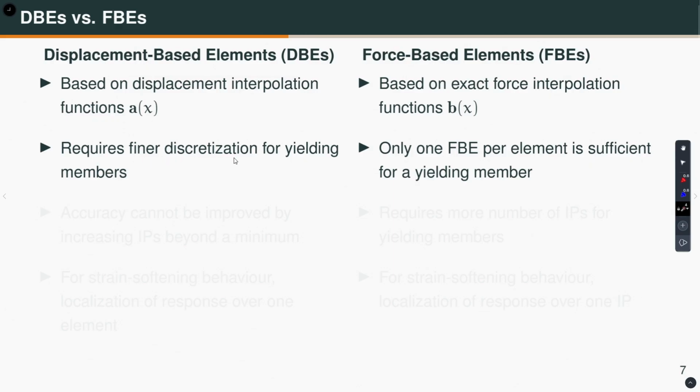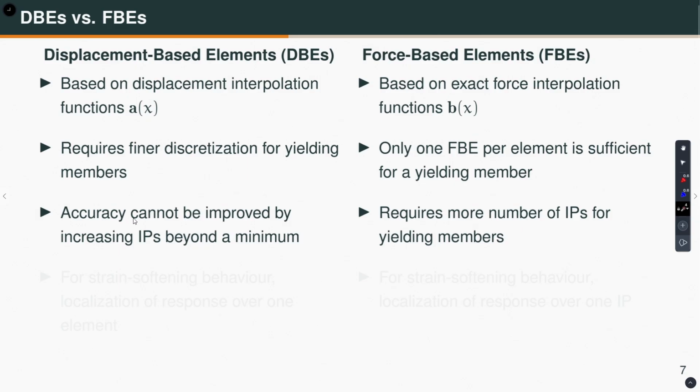I will show all of this through example. Whereas, for force based element, only one force based element is sufficient for a yielding member. For the displacement based element, accuracy cannot be improved by increasing the number of integration points beyond a minimum, whereas for force based element you need only one element per member, and you have to increase the number of integration points for yielding members and get a converged solution.